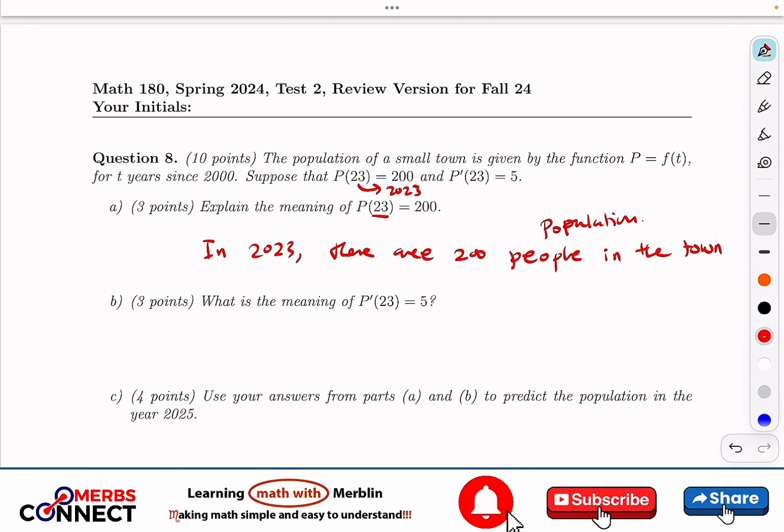So in 2023, the number of population is 200, or there are 200 people in the town. Any of them is fine.